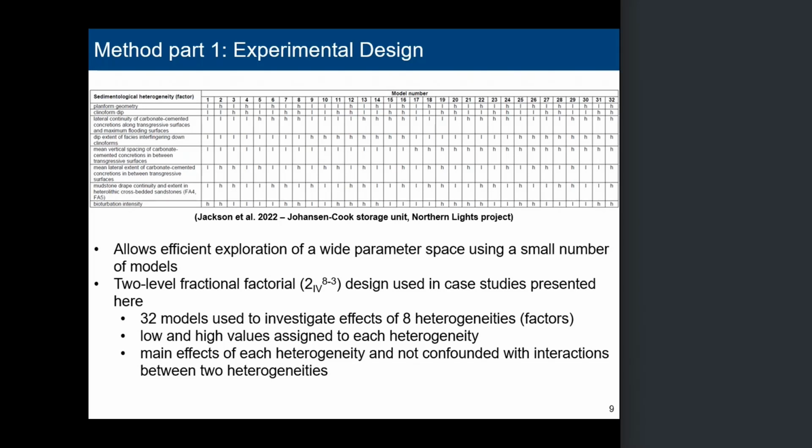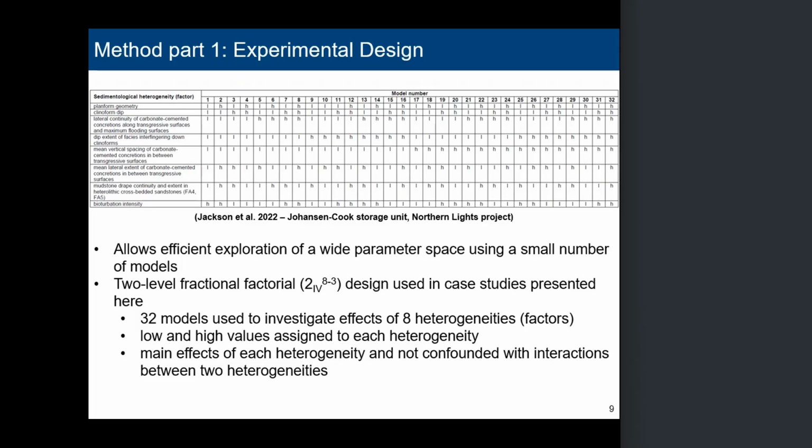So in this table, again, the detail is not important, but each row is one parameter, one heterogeneity, for example, that we're interested in investigating. In this case, we've got 8 different heterogeneities, 8 of these rows. Each column is one model.